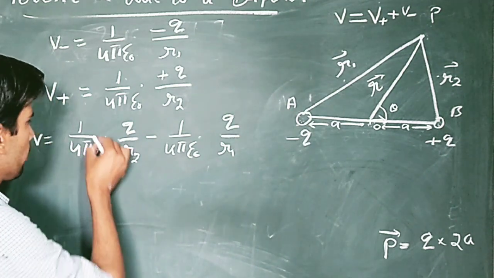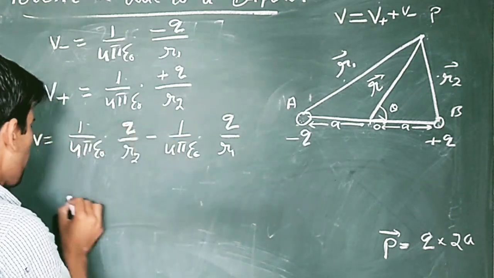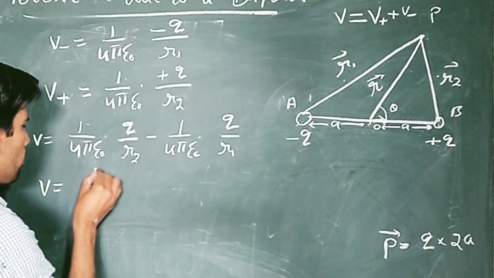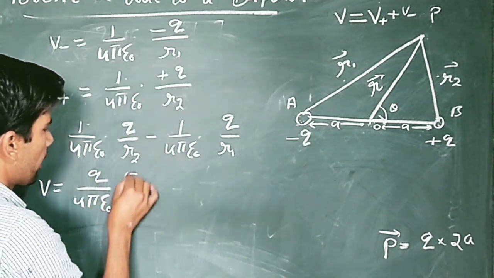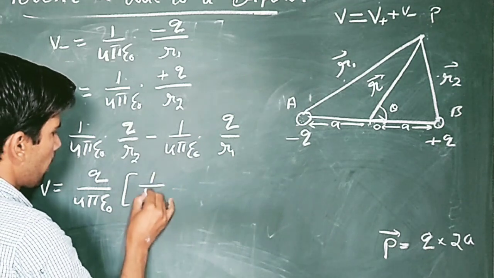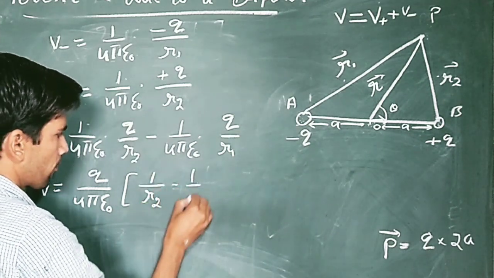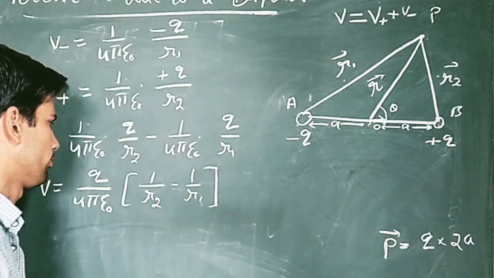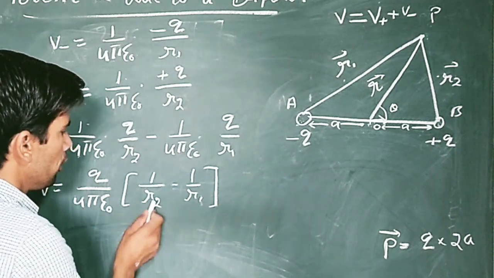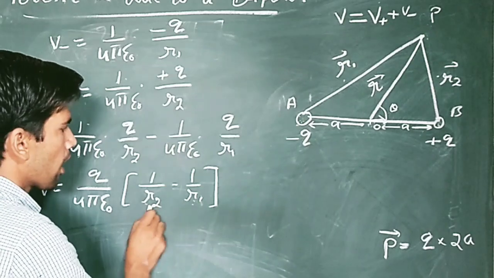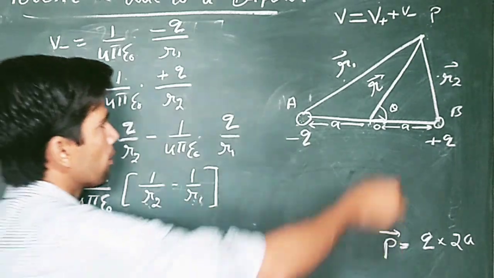We take the common term 1 by 4 pi epsilon naught and q. Then the potential V is equal to q divided by 4 pi epsilon naught, into 1 by r2 minus 1 by r1. Now our next step is to express the position vectors r2 and r1 in terms of r.